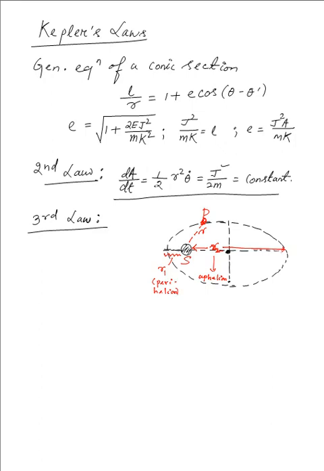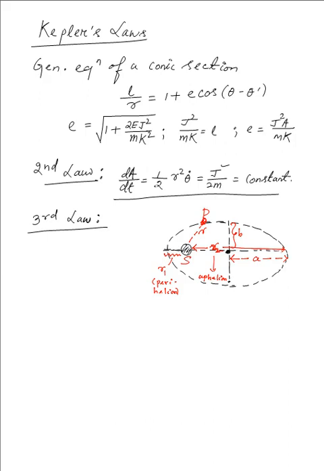Now half of the total distance of the perihelion and the aphelion is the semi-major axis, while the other half is the semi-minor axis.